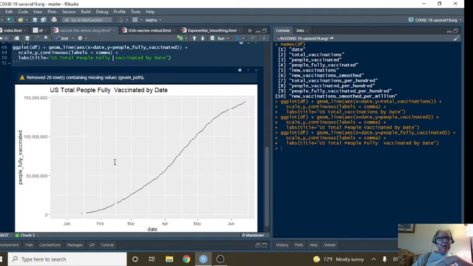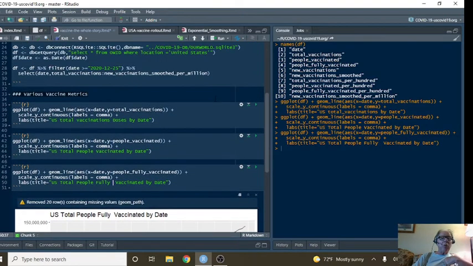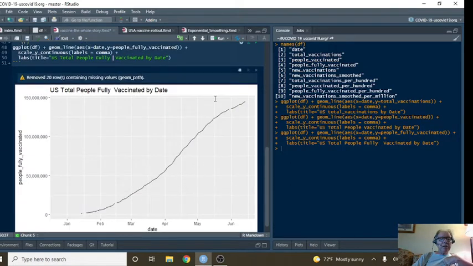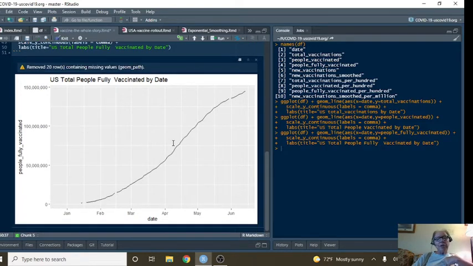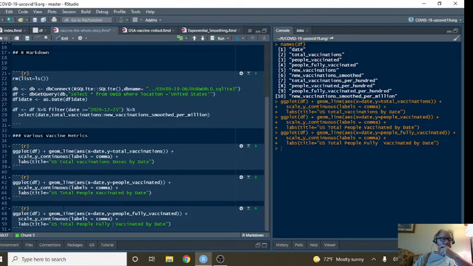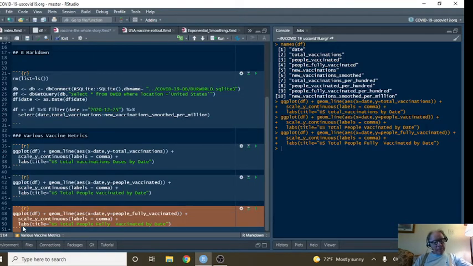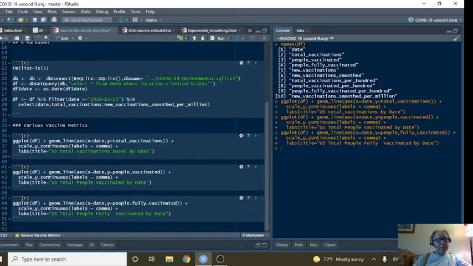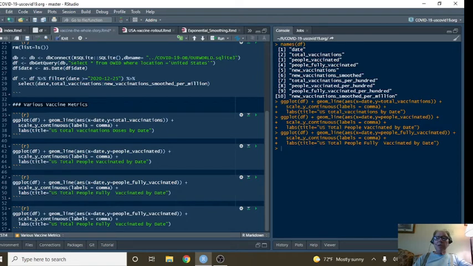This is the total number of people who have been fully vaccinated. Again, this is a cumulative total. Okay, cumulative total.